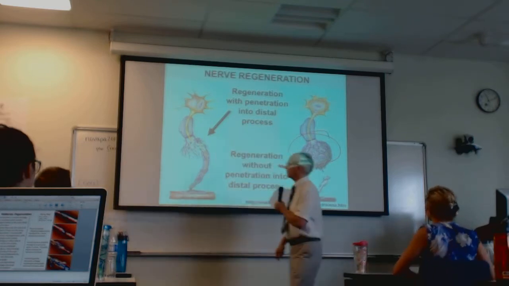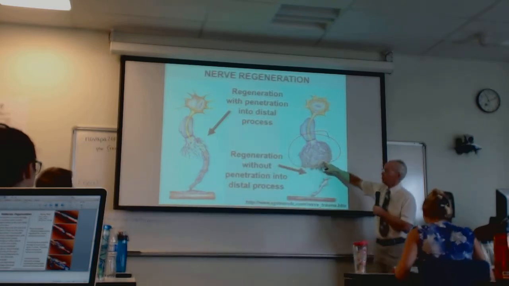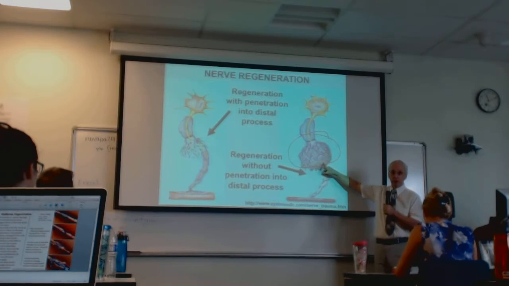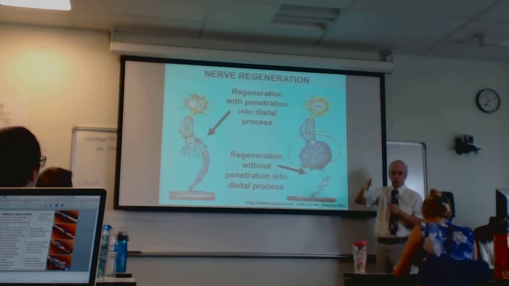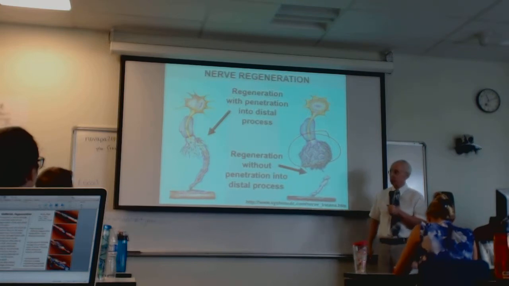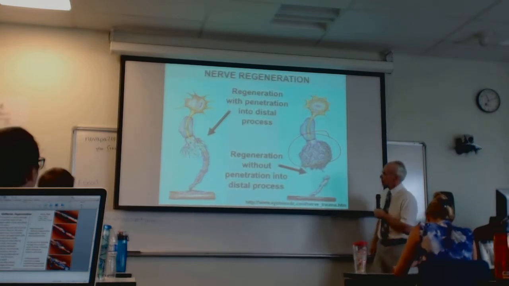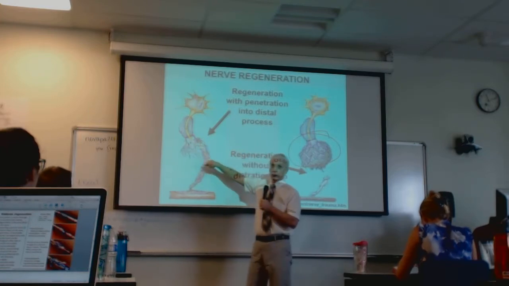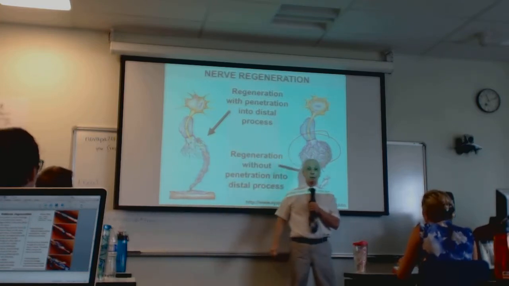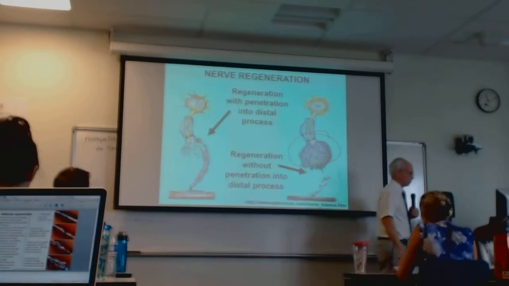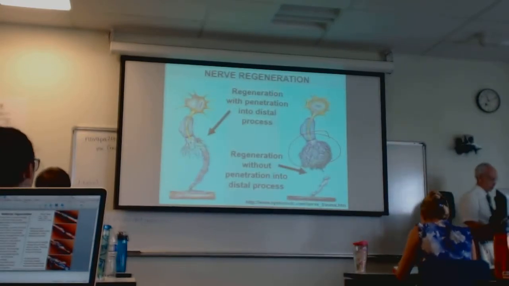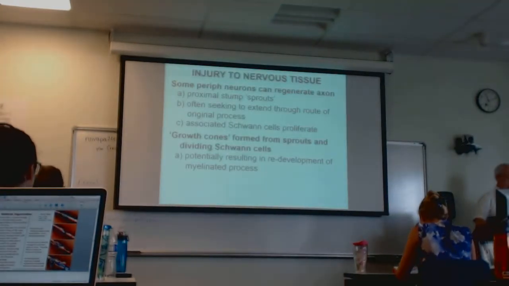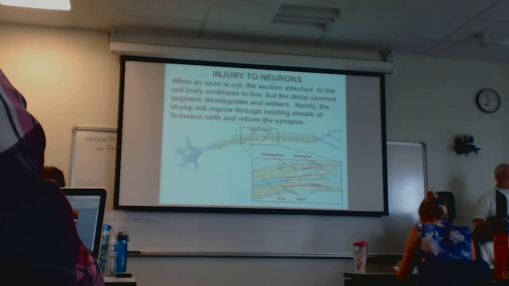The proximal segment will often form this unproductive and problematic growth cone because it's desperately seeking a way to regenerate. But that regeneration generally will only occur if the connective tissue and neurolemma is present for it to grow. Wallerian degeneration. I think that's all we have to say about that.